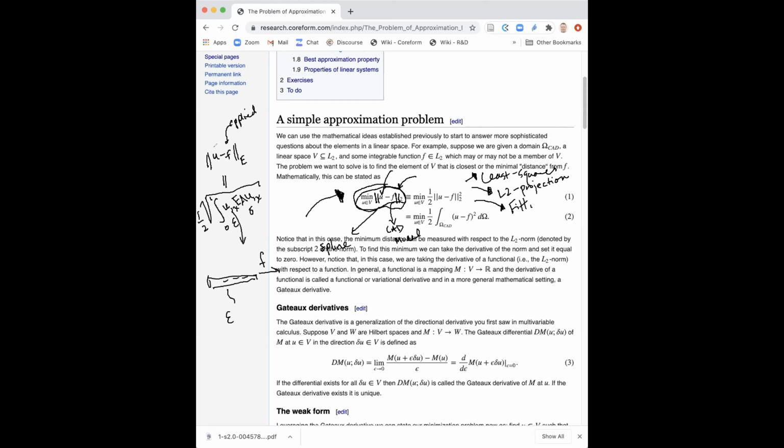Okay, so we're solving now for the displacement field U that minimizes the energy of the deformation associated with the bar with respect to a given load.